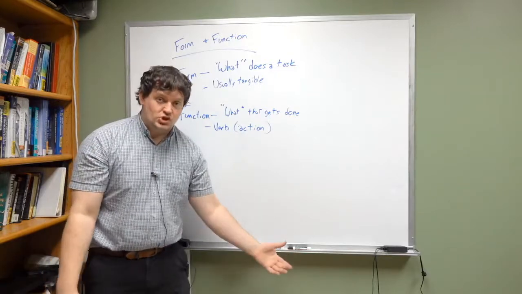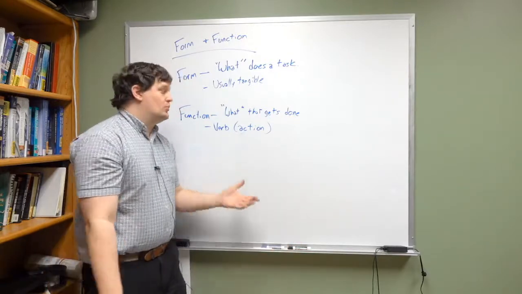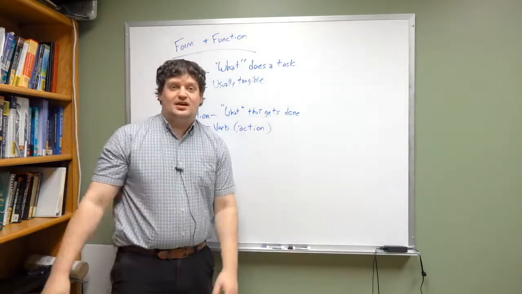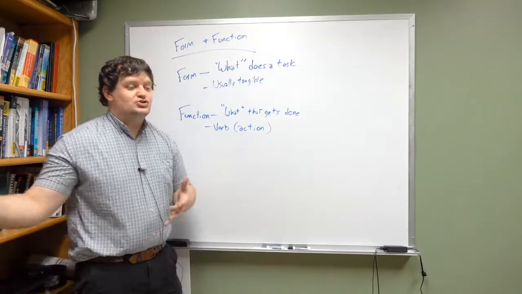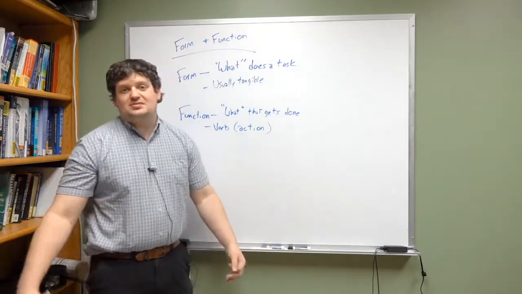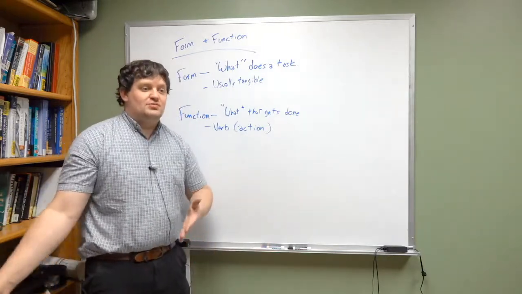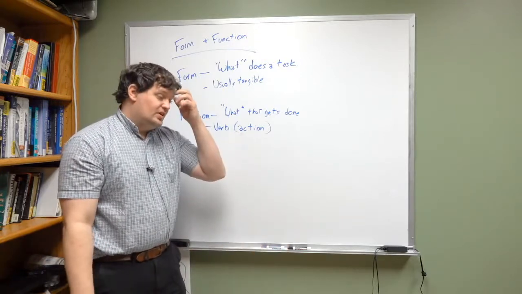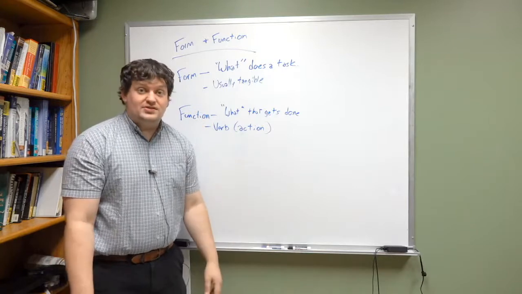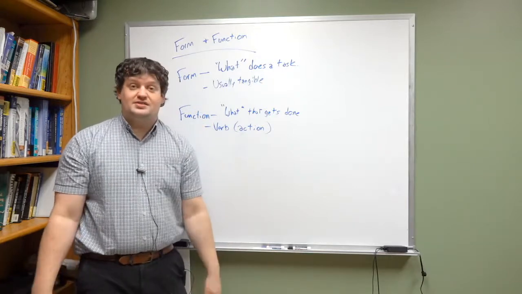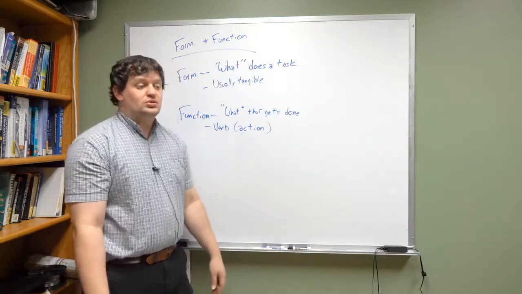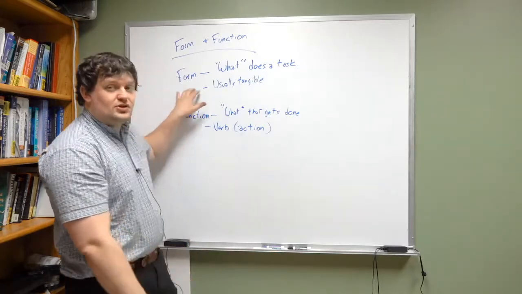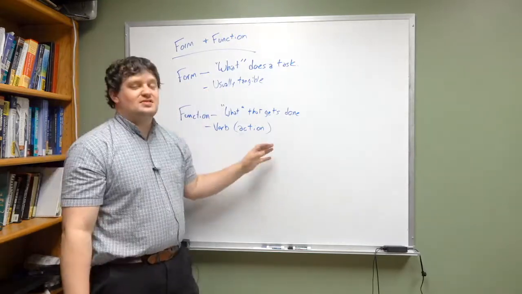Well, the verb there is go. So the function is I need something that will transport me. As a synonym of go, I need a transport. Now, what does it mean to be a transport? Well, it's physically moving me. Well, a cannon does that. A train does that. A hurricane does that. A tornado. So there are lots of forms, those are all forms by the way, that can accomplish the same function.